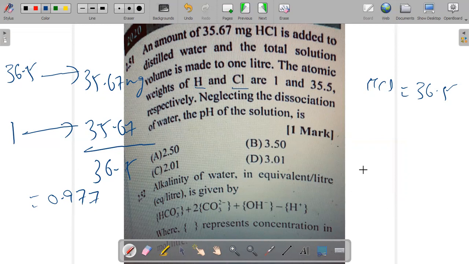So its pH is minus log of 0.977. So take its log of 0.977.